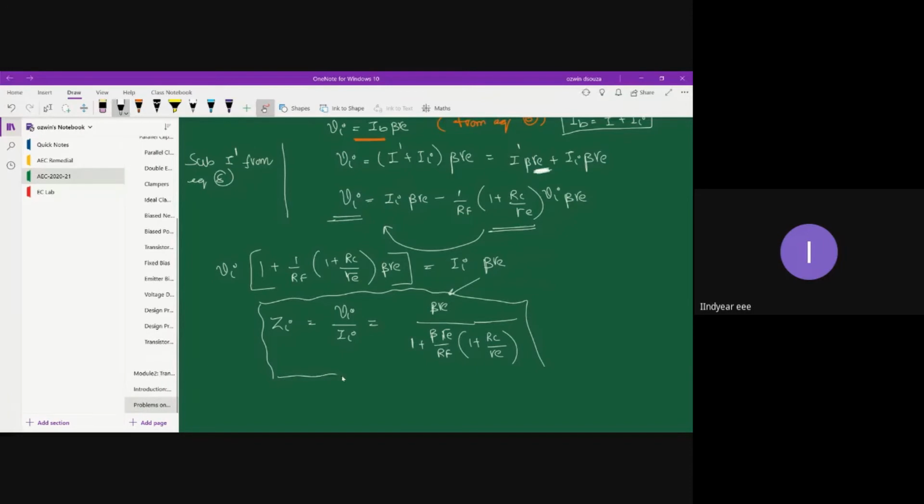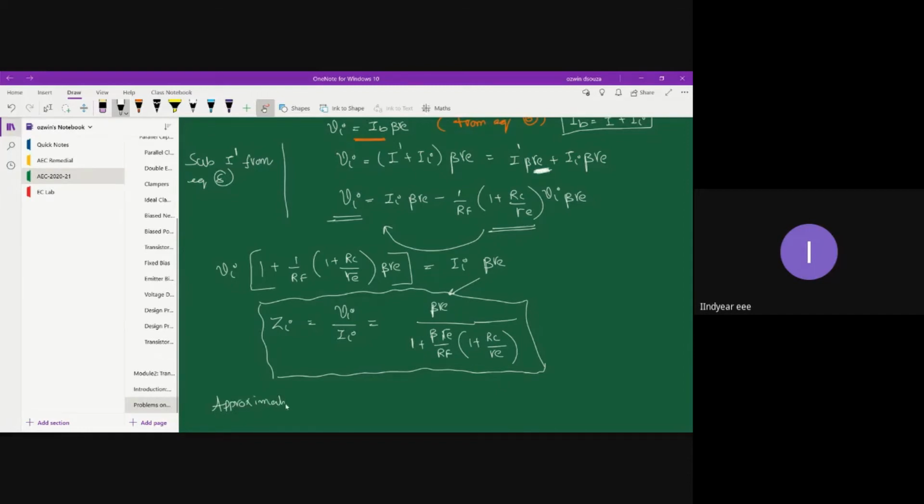As expected, you will get a kind of crazy expression. So Zi is equal to beta Re divided by 1 plus beta Re divided by Rf into 1 plus Rc by Re. If you want, you can go for approximation.